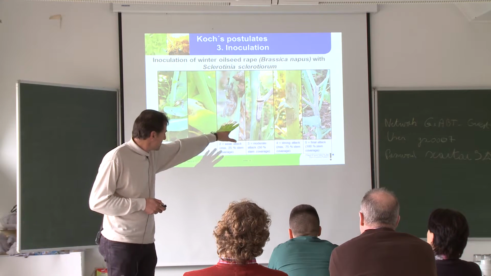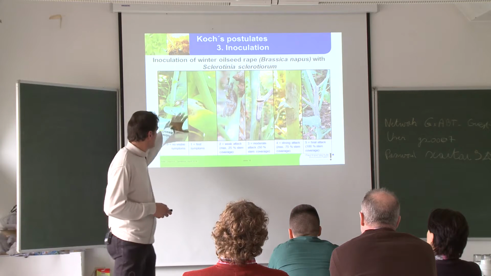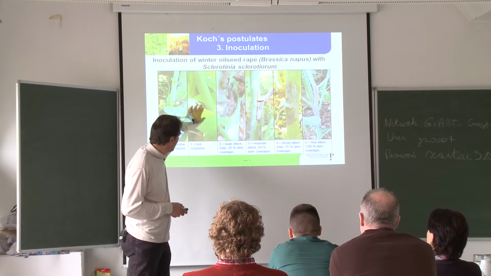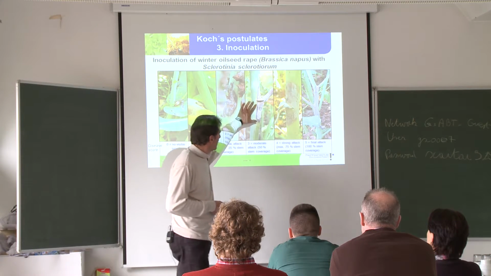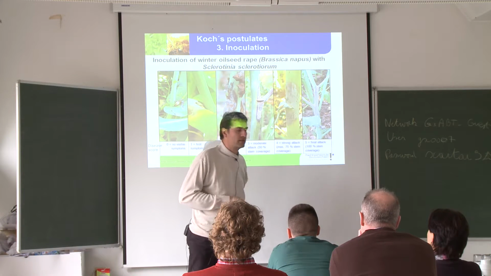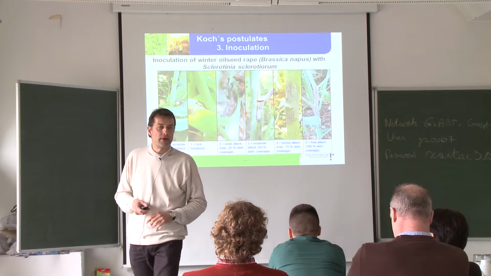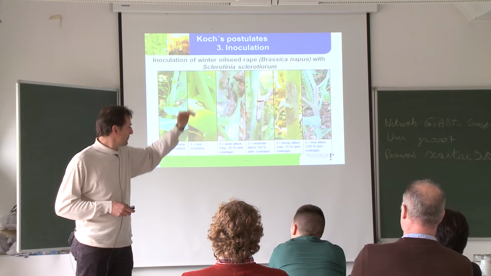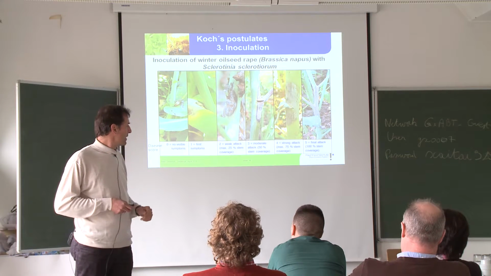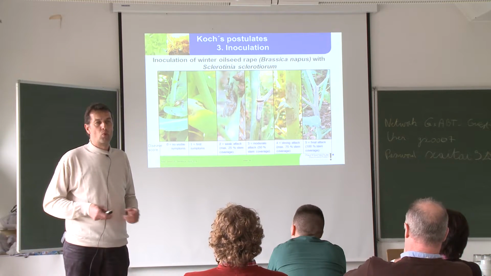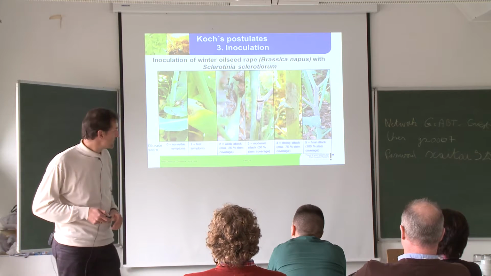And then it develops these symptoms. Usually it first starts from infecting the leaves, then penetrates the stem, and then completely damages the stem, and finally the plant above this infection site wilts and breaks down.